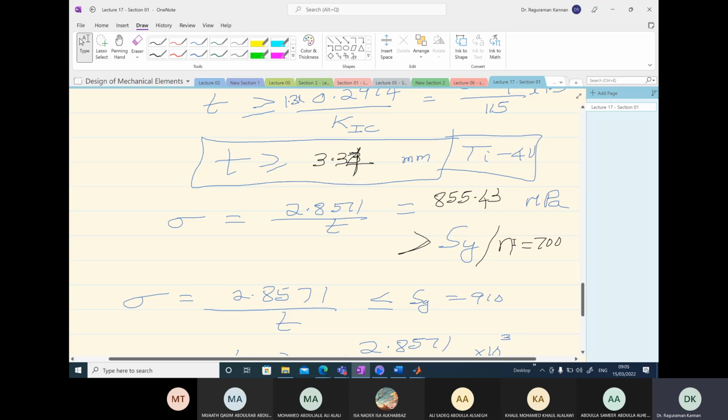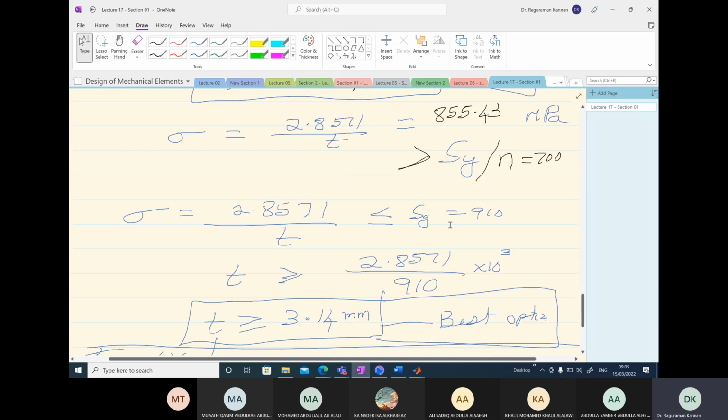So failure will take place by yielding. So we need to calculate according to this 1.3, and that is 700 here.